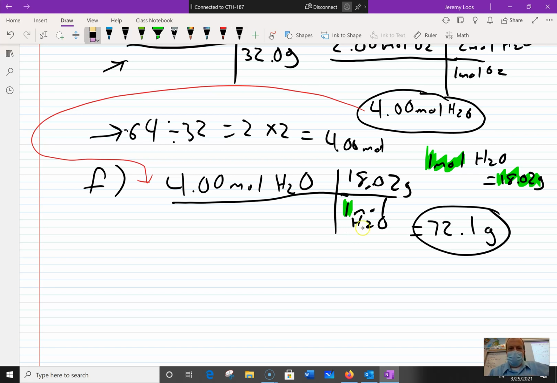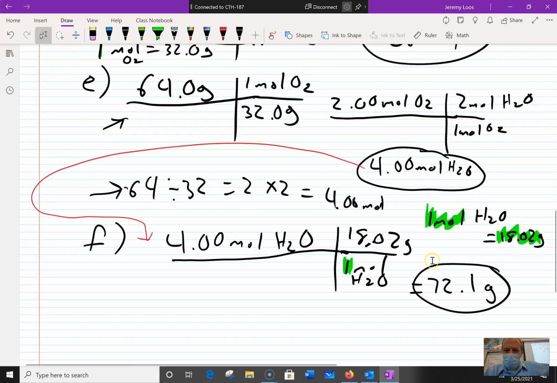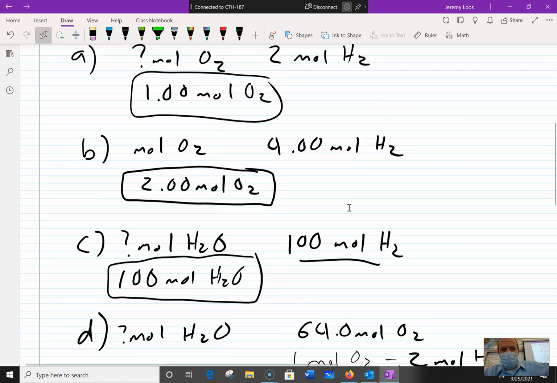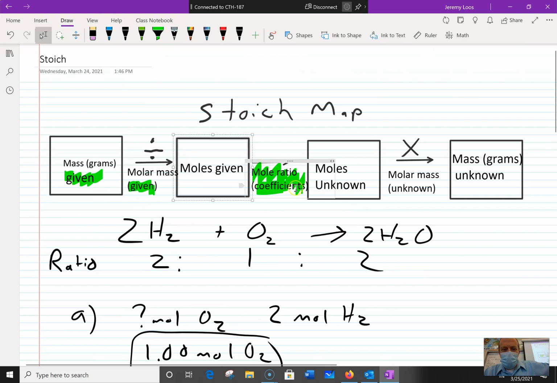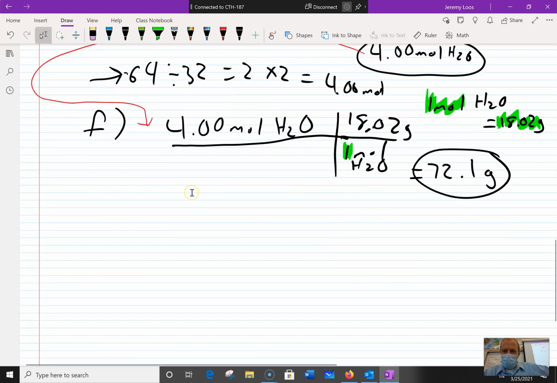The reason I'm saying that is sometimes people will see this 2 and they'll want to put a 2 down here, but don't do that. The only time you're using those coefficients is in this middle section. In both of these other spots, it's always 1 mole that you're working with. 1 mole equals that mass. So the only time we're using the coefficients is in that middle section right there. Questions about that?